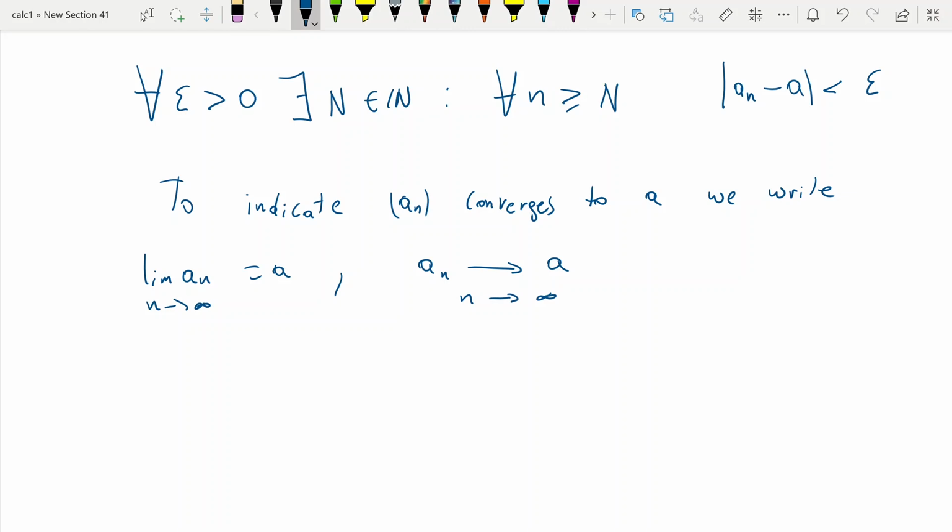These two things encode the same information, so there's nothing different about these two things. I mean, they say the same thing.